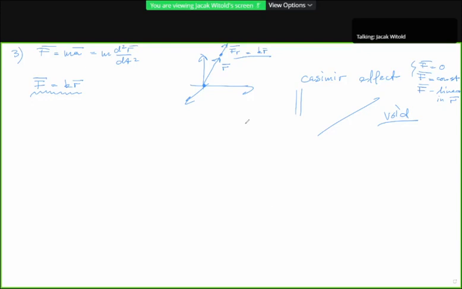Within this virtual particle creation and annihilation, which is going on all the time in any region of empty space, we can put two plates close together, at a distance comparable to what we refer to as the de Broglie wavelength.